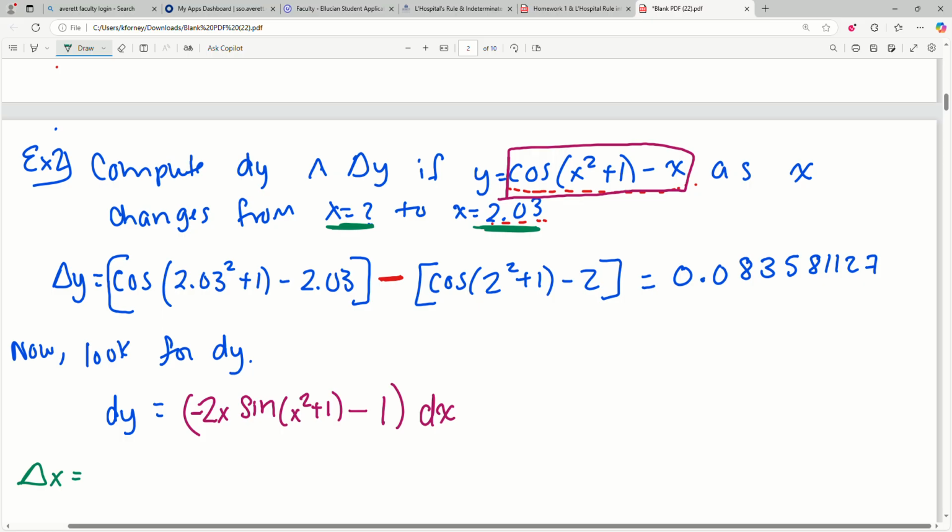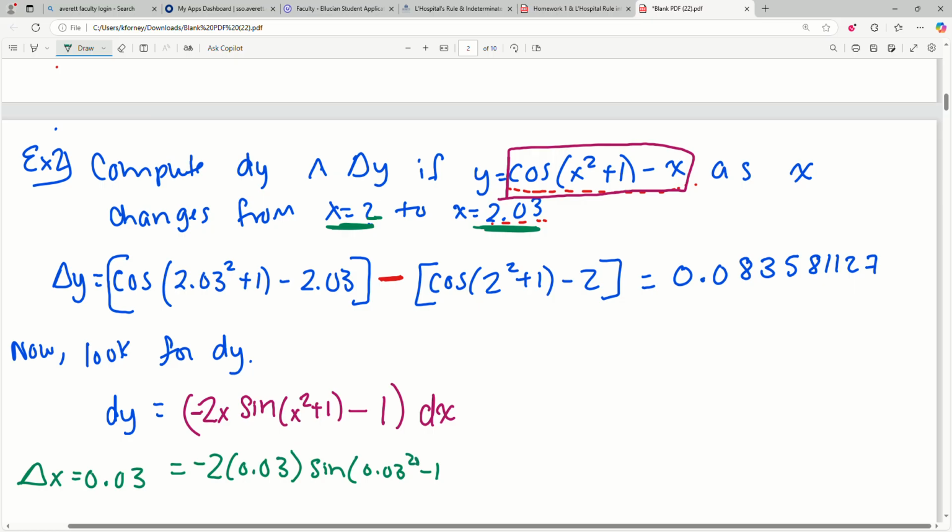But what's the difference in 2 and 2.03? So the delta x is 0.03. So if I was to now substitute that in, negative 2 times 0.03 sine 0.03 squared minus 1.